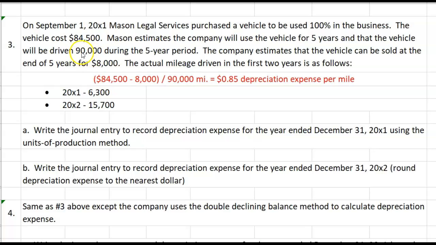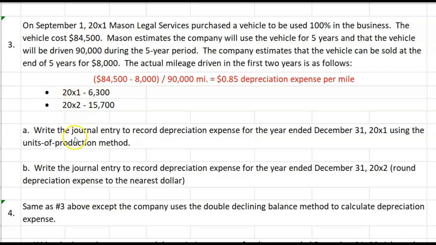In this case, it's a vehicle, and it's estimated to be driven 90,000 miles over its usefulness to the company. So $84,500 minus $8,000 divided by 90,000 miles equals depreciation expense of 85 cents per mile. And then you are given actual miles driven during X1 and X2.